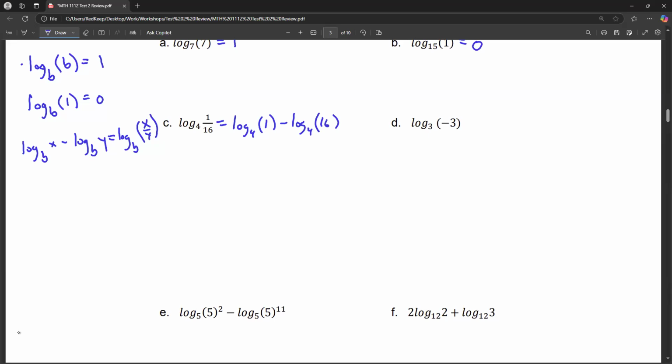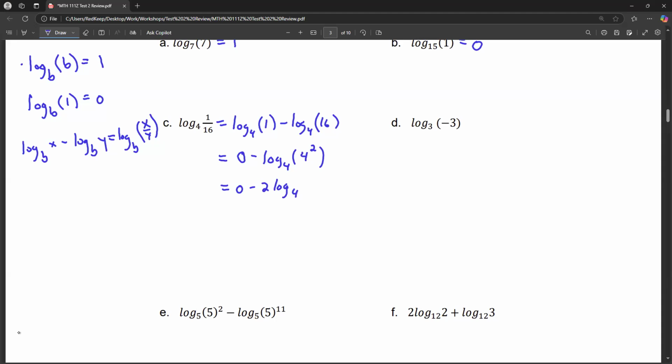This is helpful because we know log base b of 1 is equal to 0. So when it's log base 4 of 1, that's equal to 0. For the next term, we have minus log base 4 of 16, and it could prove useful if we think about 16 as 4 squared. In that scenario, the logarithm brings down the exponent and makes it the coefficient of the log.